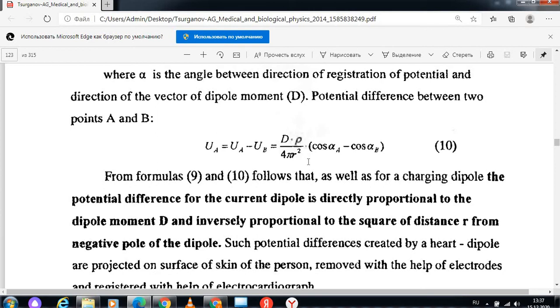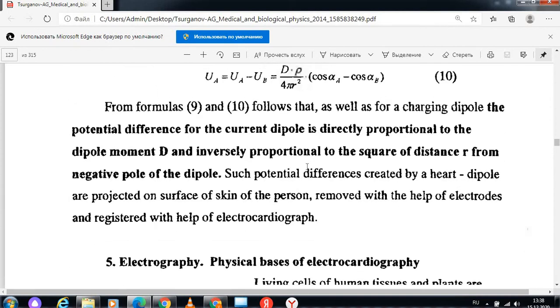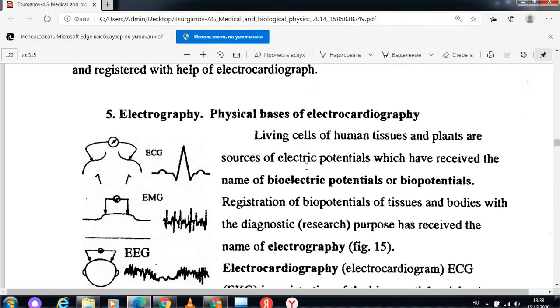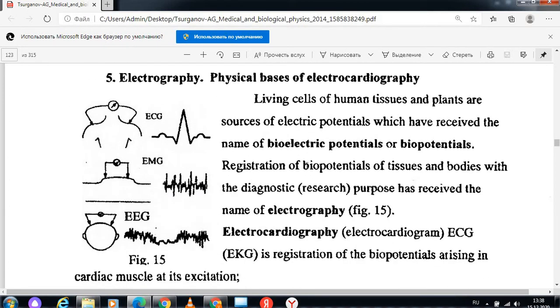Such potential differences created by a heart dipole are projected on the surface of the skin of the person, removed with the help of electrodes, and registered with the help of an electrocardiograph. So again, we are going exactly to electrocardiography, its physical basis.